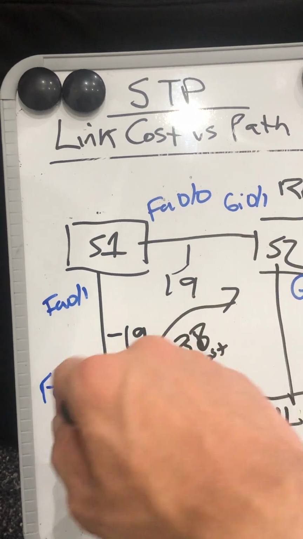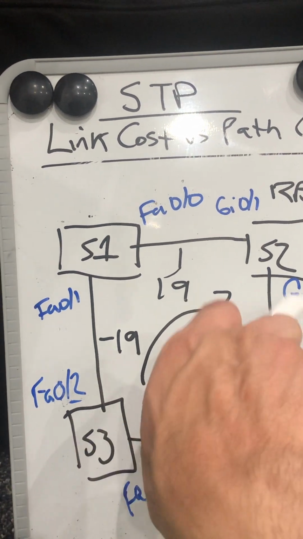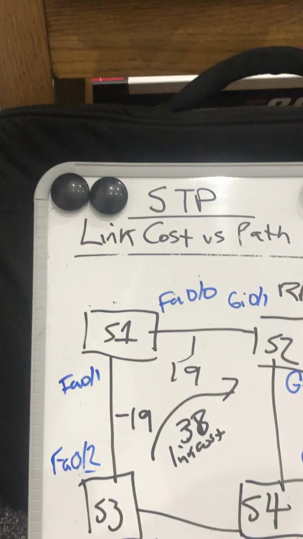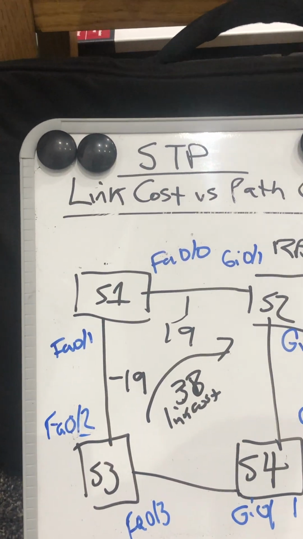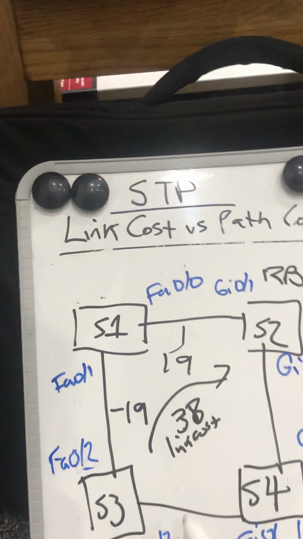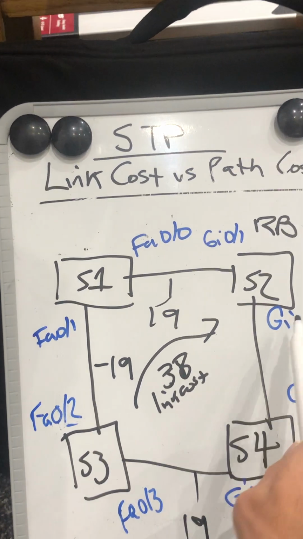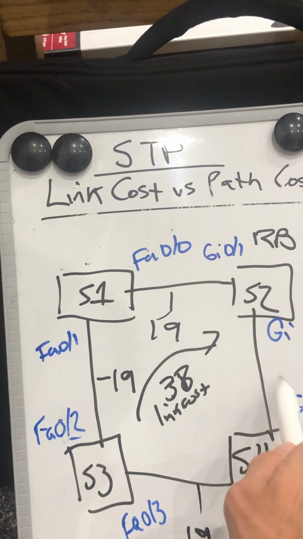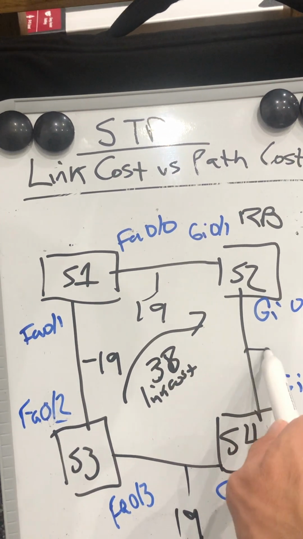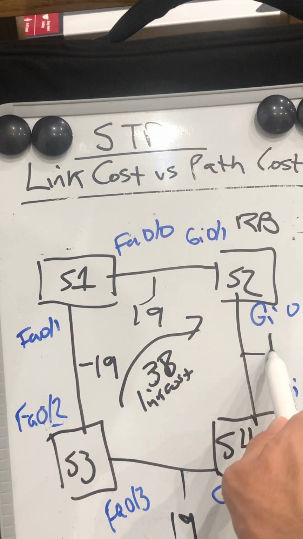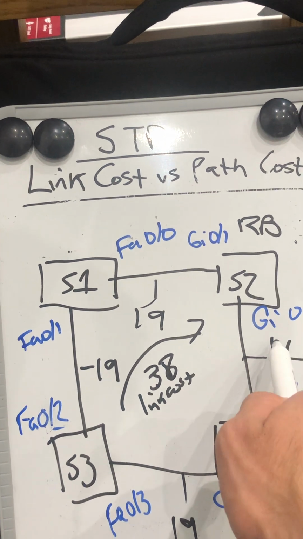If we were now to go through between S3 and S4 and then S4 to S2, this would be a cost of 19 again. But here, because we've got 2 gigabit Ethernet ports, this is a gigabit Ethernet link.